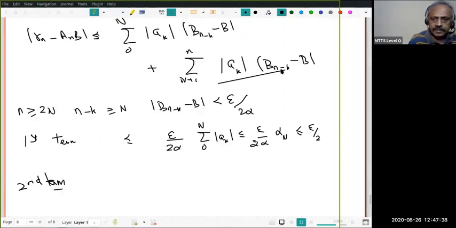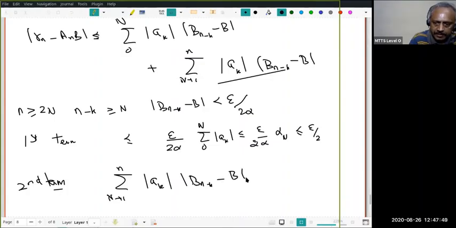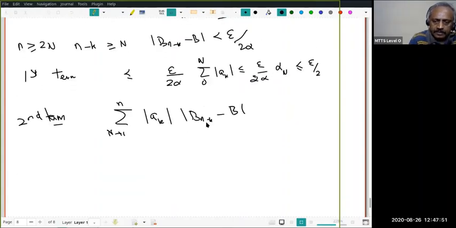This is the second term. Here, what do I have? I have N plus 1 to little n of mod a_k into mod (b_{n-k} minus b), but each of the factors mod (b_{n-k} minus b) is less than or equal to M, therefore that's less than or equal to M into the sum from N plus 1 to n of mod a_k.